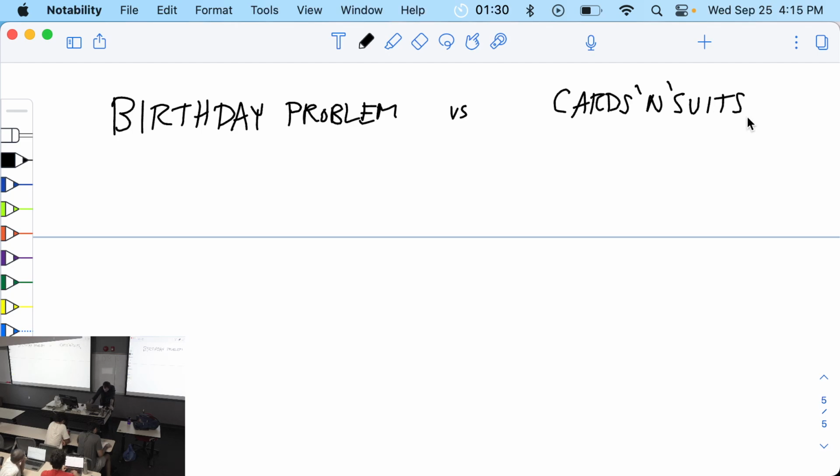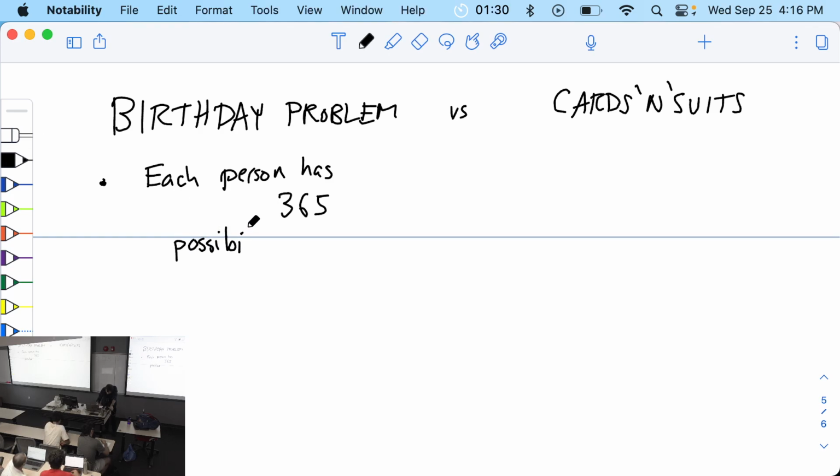In the birthday problem, each person has a birthday. There's 365 possibilities. Each person has 365 choices for their birthday. Possibilities. Each card here has 4 choices.